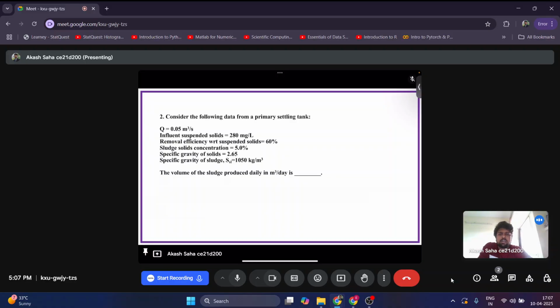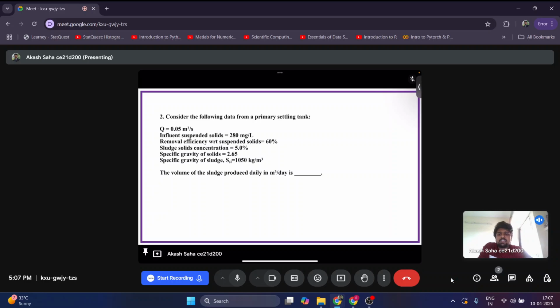It's a short numerical. It says, consider the following data from a primary settling tank. The discharge coming into the system is 0.05 meter cube per second. The influent suspended solids is 280 milligram per liter, and the removal efficiency of these suspended solids is around 60%.